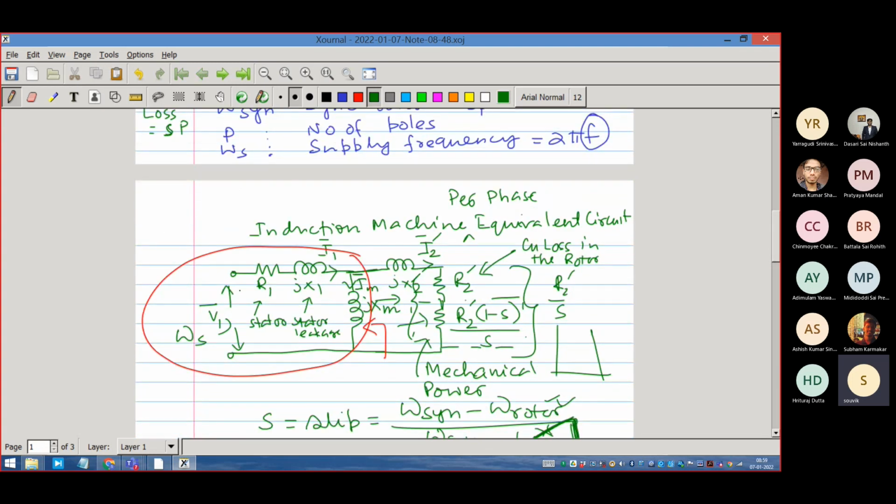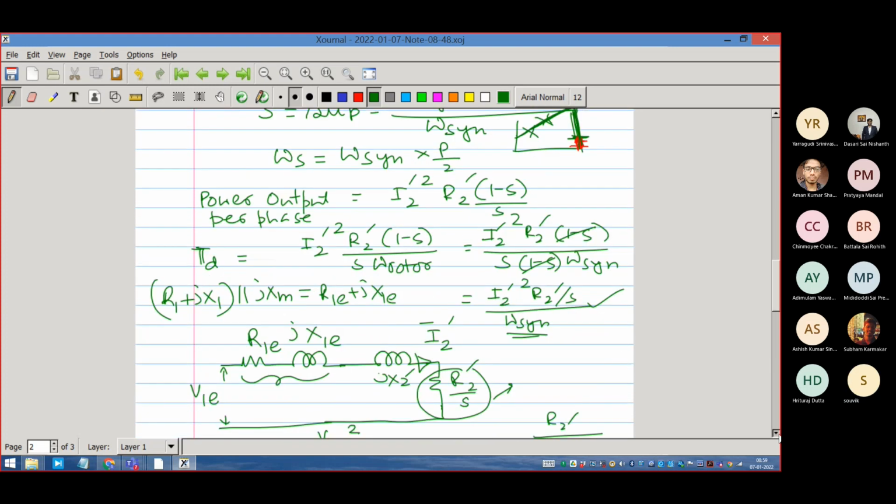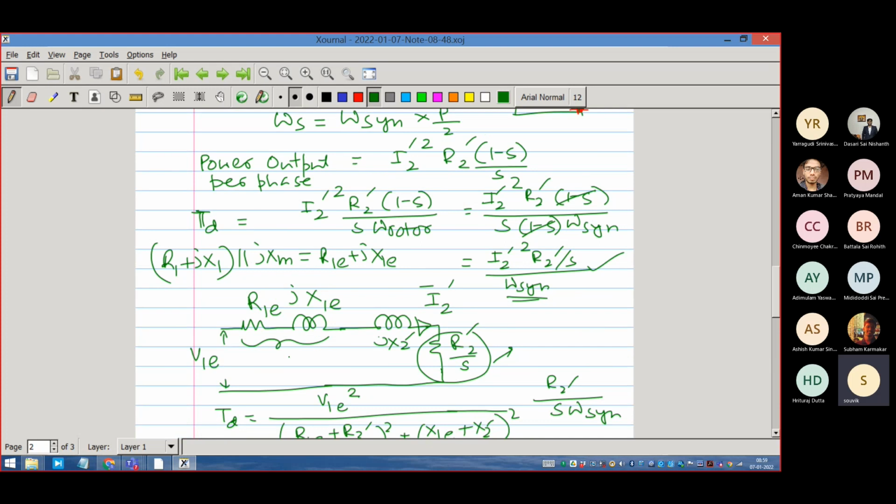First of all, this portion, R1, JX1 in parallel with JXM, is hardly changed, because XM is numerically much more than R1 and X1 in ohmic values. So it is equivalent to R1 and JX1 in a series form.